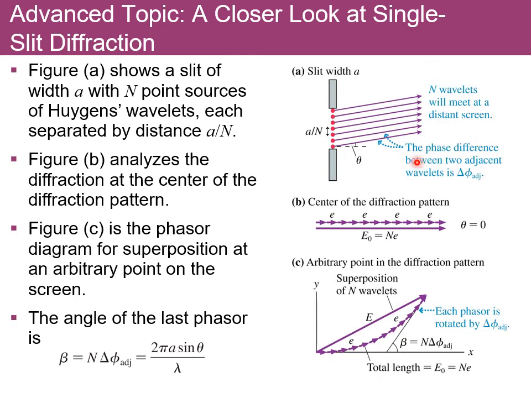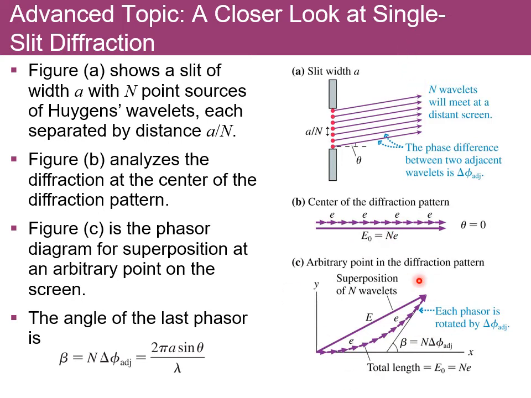Figure A shows a slit of width a with n point sources of Huygens wavelets, each separated by a distance a over n. Figure B analyzes the diffraction at the center of the diffraction pattern, where each arrives in phase.